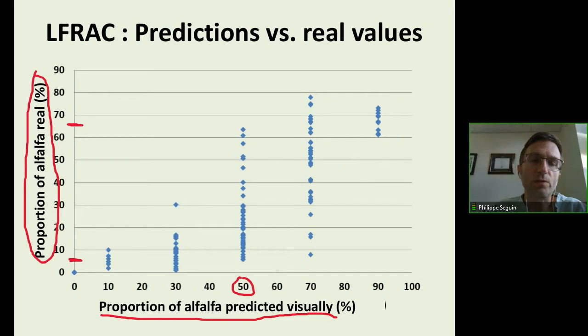For the person who said there was 50 and there was 5% alfalfa, that's a mistake of 45% that will go in the model. So the impact is that the NDF value that will come out of the program will be wrong.